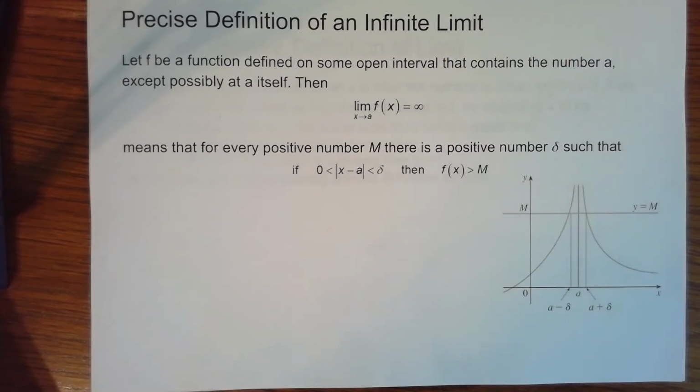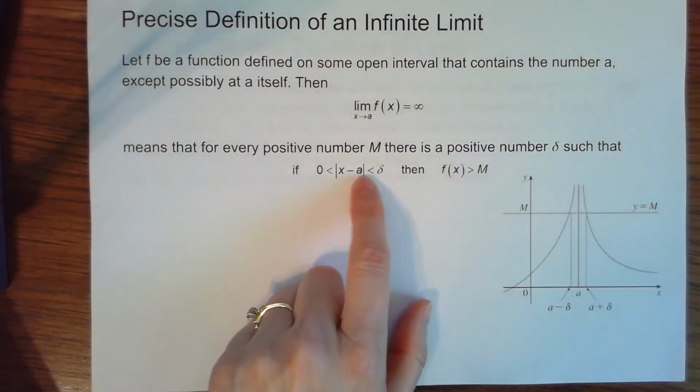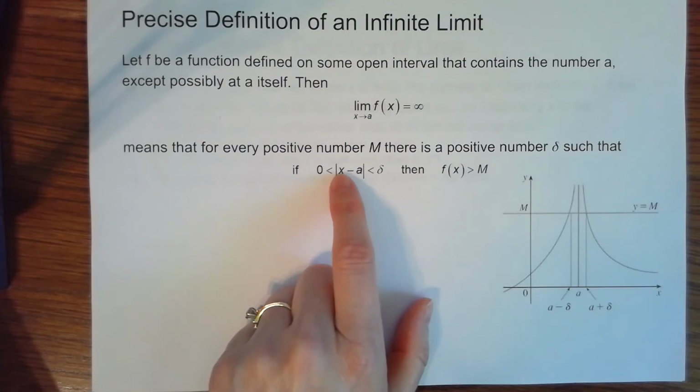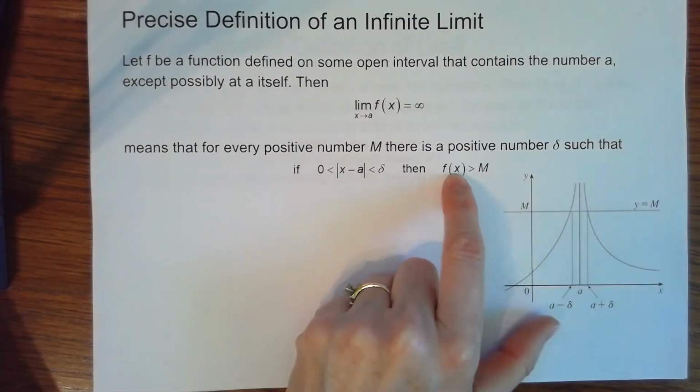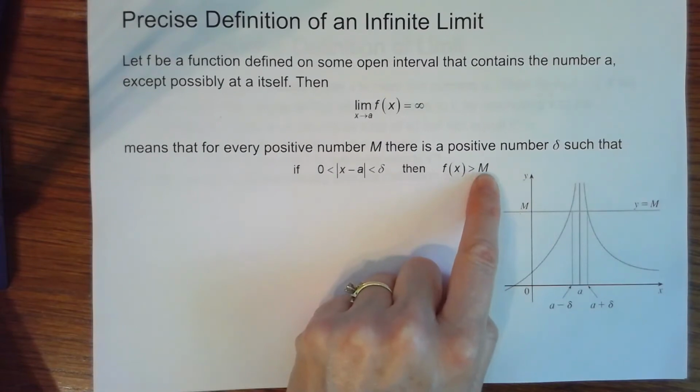Then the limit as x approaches a of f of x is infinity means that for every positive number m, there's a positive number delta such that, if x is within delta of a, we can guarantee that f of x is larger than m.